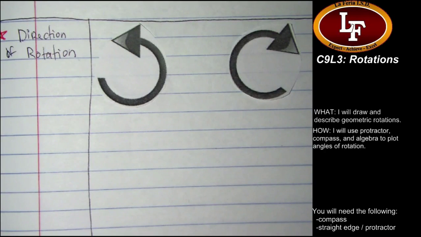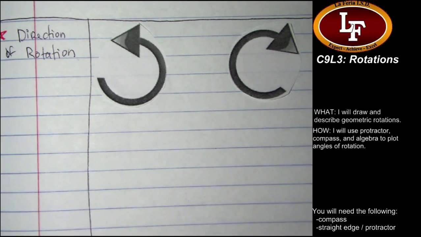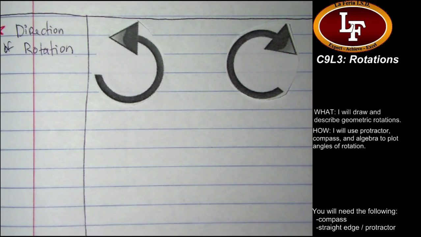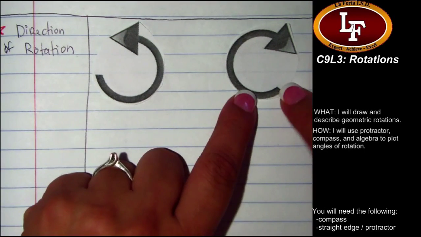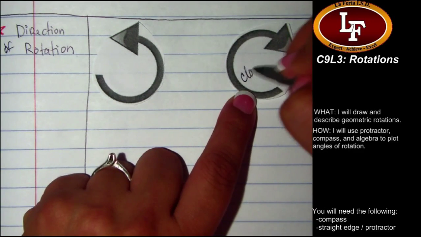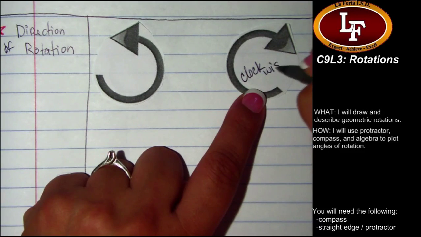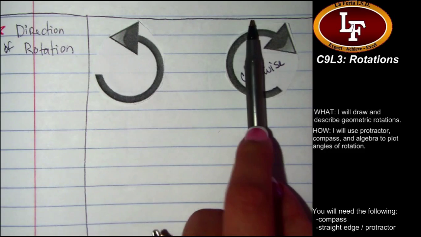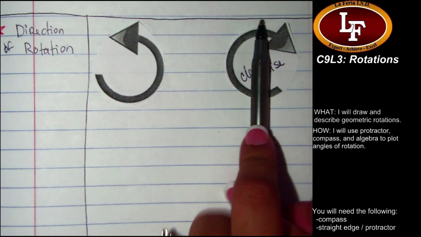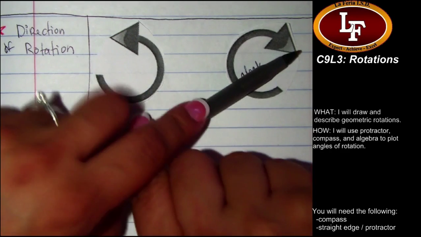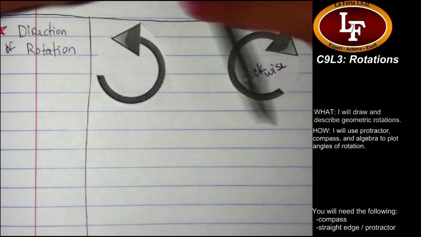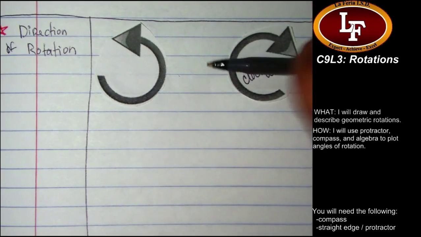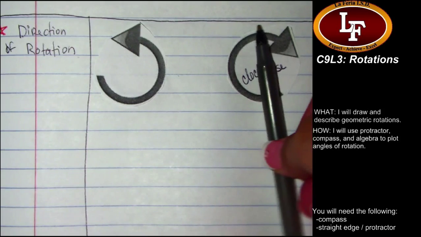Yes, indeed. All right, so one of these is what's called clockwise motion, and the other one is counterclockwise. Clockwise is the right one. This one is clockwise because when you have an old-timey clock with the hands, 12 is here, and then it goes 1, 2, 3, 4, 5, 6, 7, 8, 9, 10, 11, 12.